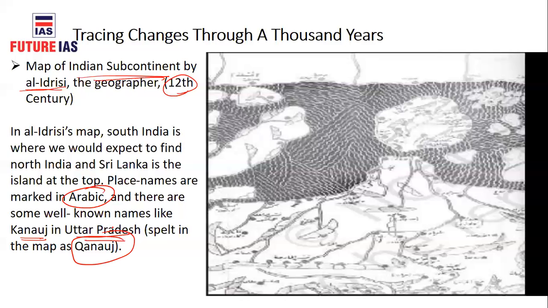So Al Idrisi was a geographer who published this map of the Indian subcontinent, giving descriptions of North India, Sri Lanka, South India, and also mentioning the names of particular cities like Kannauj.